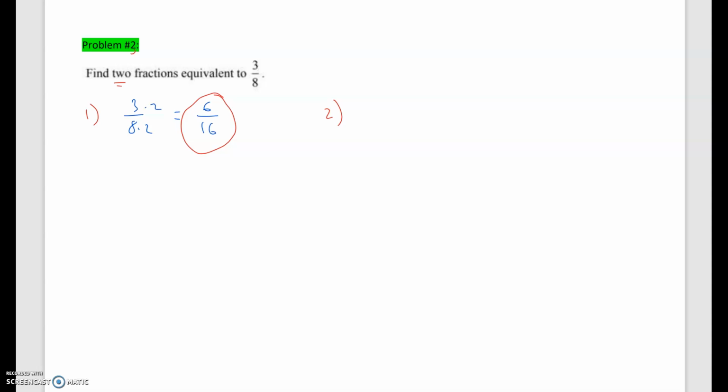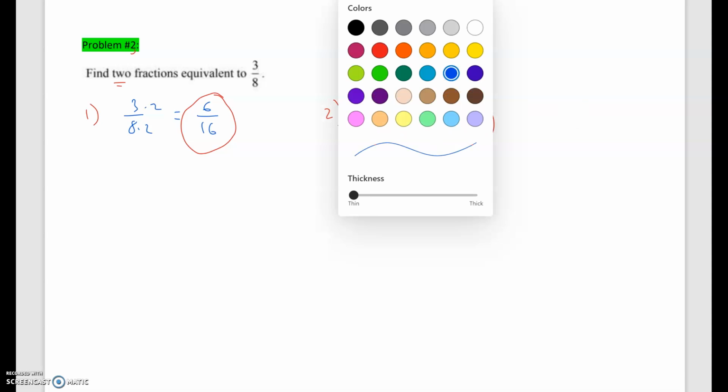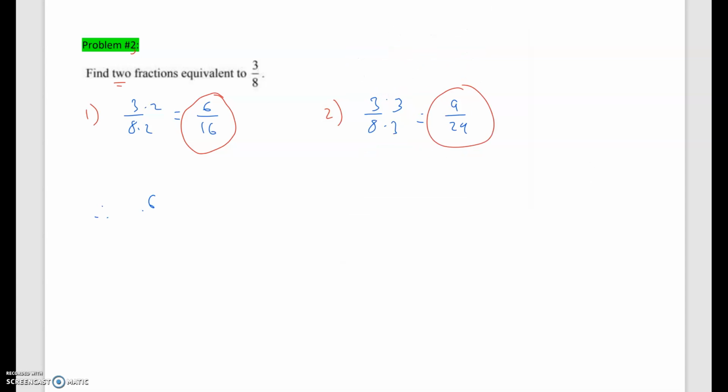My second fraction, let me rewrite the 3/8. And I'm going to multiply times 3. So we're looking at 9 over 24. And in this case, I'm just going to say that 6 over 16 and 9 over 24 are equivalent to the value of 3/8.